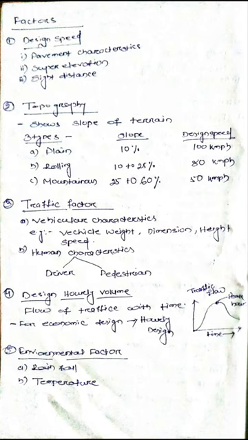In human characteristics, we consider driver emotion, intelligence and anger. Pedestrians are persons walking on the footpath or road.